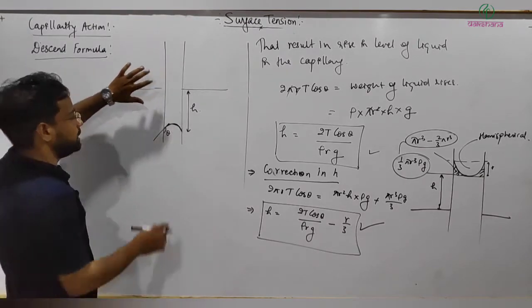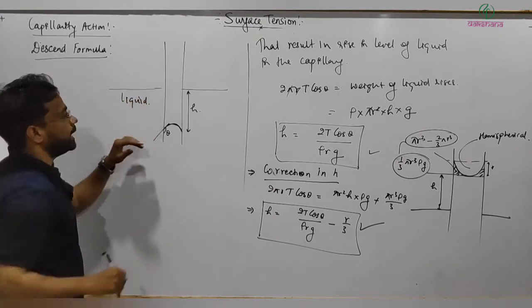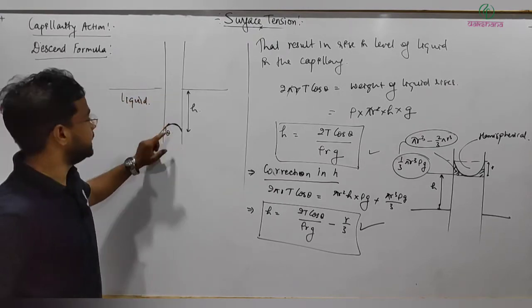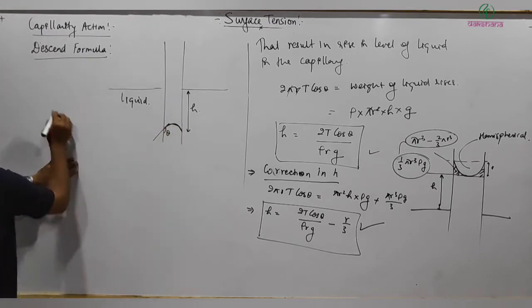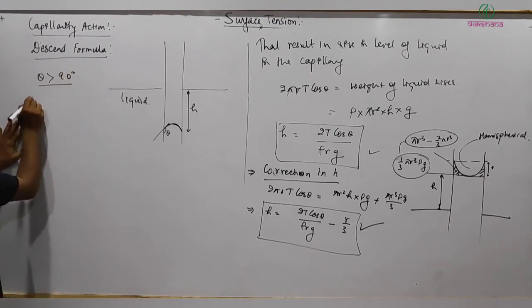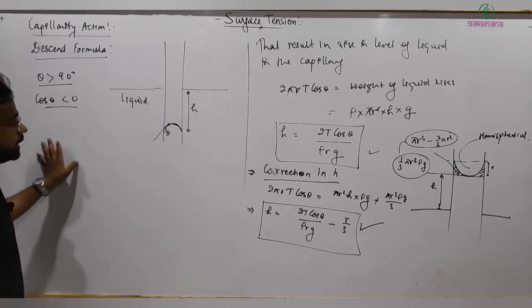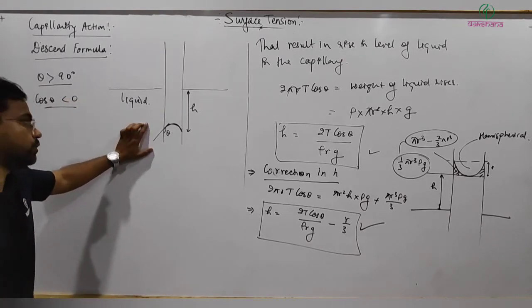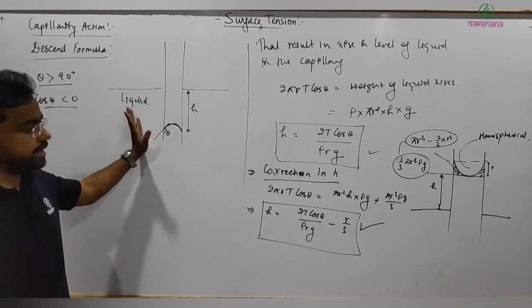So consider this is the capillary, this is the liquid in the surrounding level, and in that case when it is descending, the meniscus will be in this way. So here the angle of contact theta will be greater than 90 degrees. So cos theta will definitely be less than 0, negative. We can go exactly step by step, it's the same manner, same method.